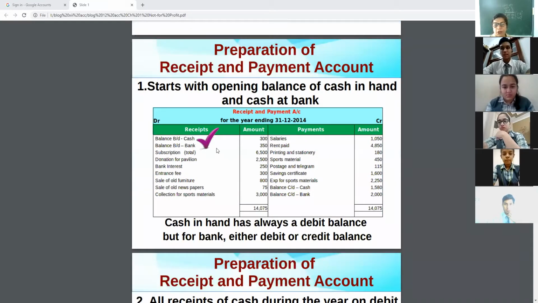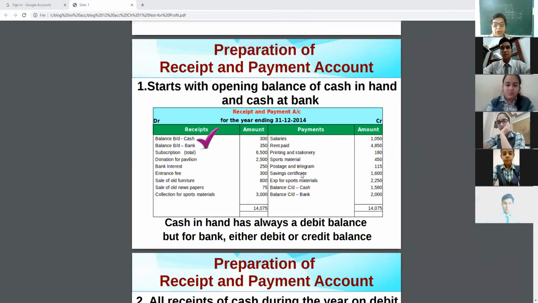You can see the format of the receipt and payment account. This side, the debit side, is for receipts, and the credit side is for payments. This side has the opening balances of cash and bank, then receipts, whether capital or revenue, or recurring or repeating. And this side, the credit side, is for payments.